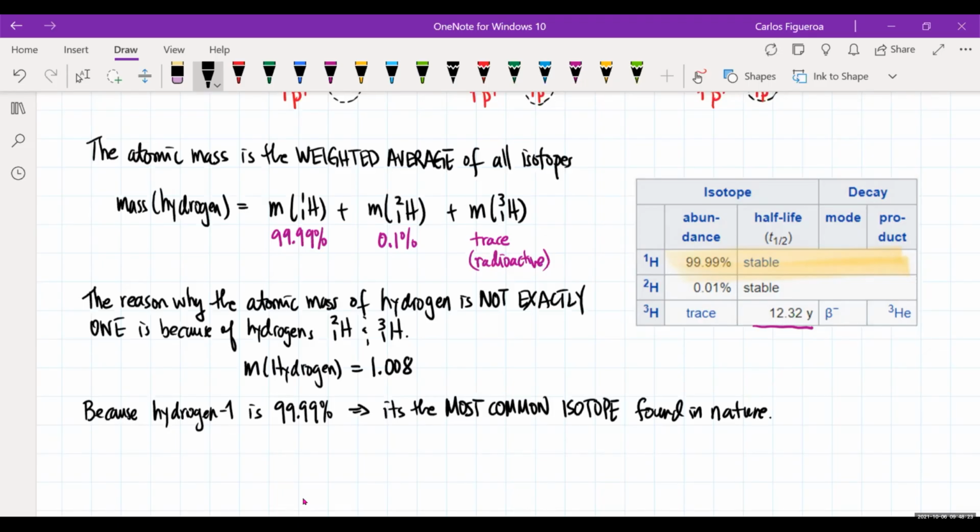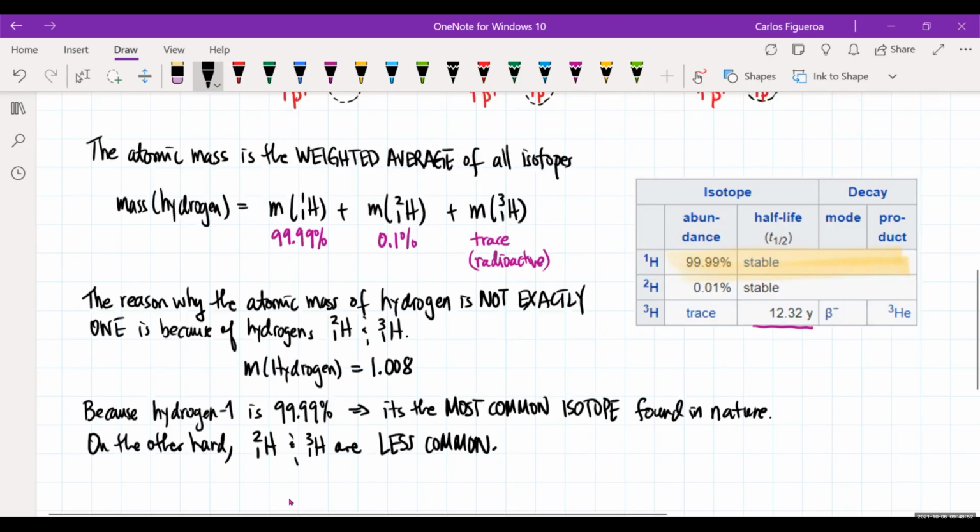Whereas, on the other hand, H2 and H3 are less common. So if you go looking for them in nature, that's what you find.